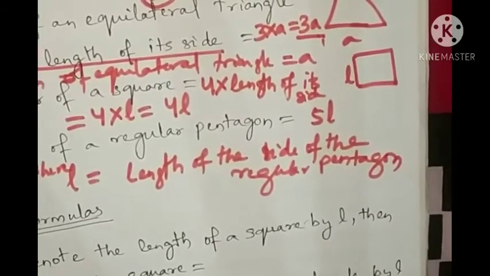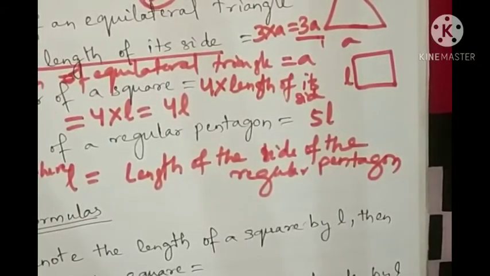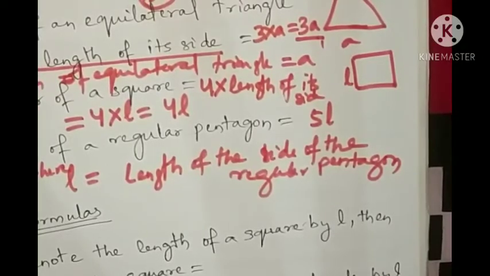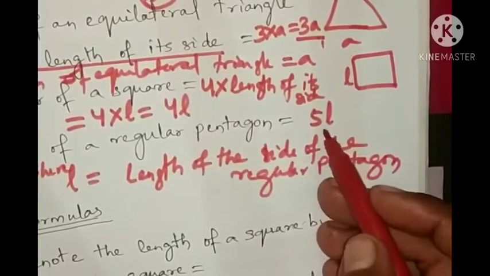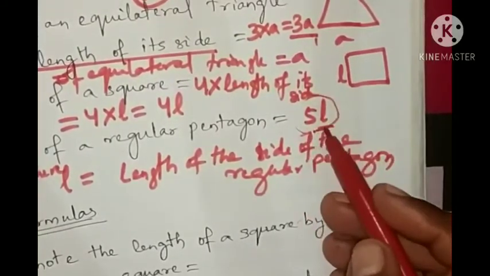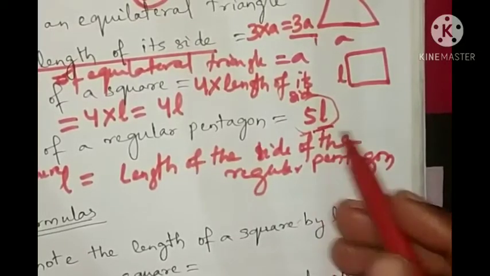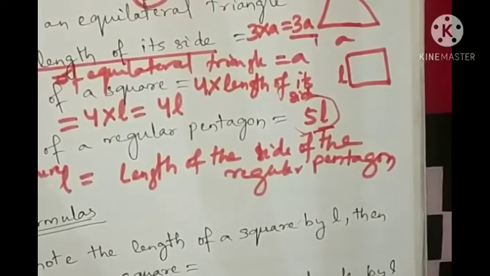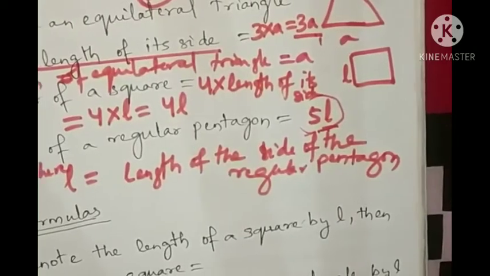This 4l is one algebraic expression. Here the length is always changing, which means it is a variable, and by putting in the value of the variable you can easily find the perimeter. So these are the perimeter formulas.